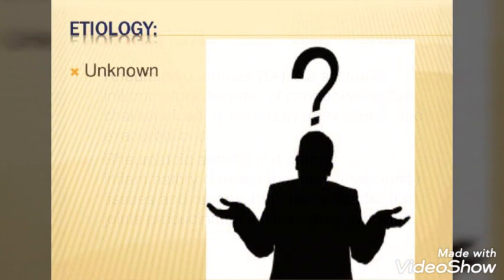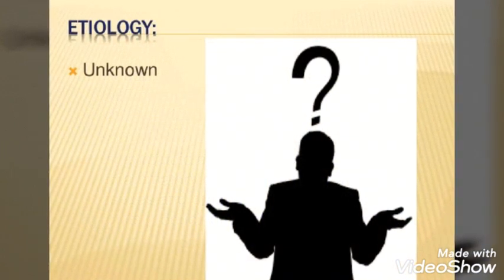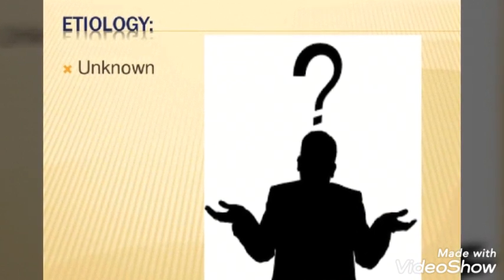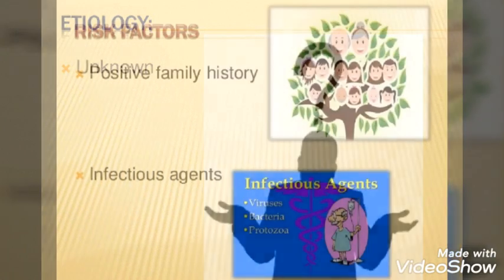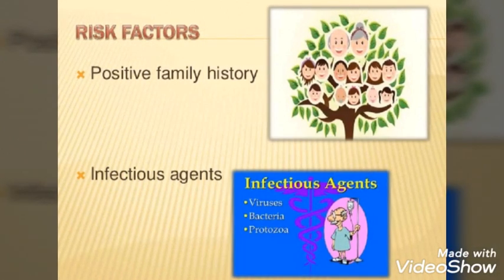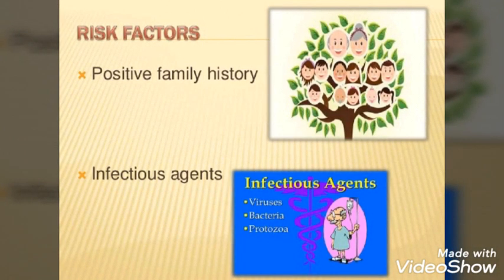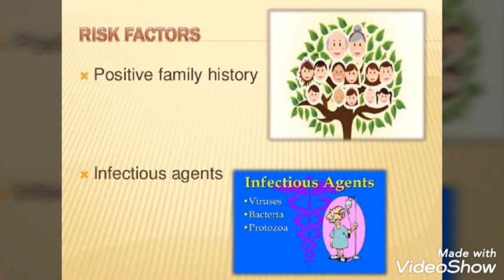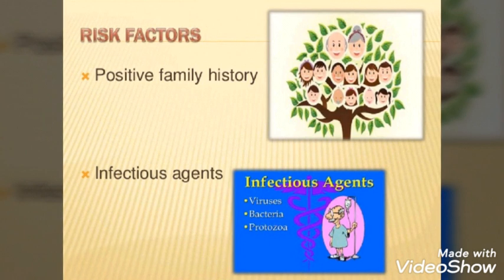Now let's see the etiology. The main etiology is unknown, that is the actual cause is unknown, that is why the body is attacking itself. So this is unknown. Now let's see the risk factors. The risk factors are positive family history, that is from the family members, that is genetic. Then infectious agents such as viruses, bacteria and protozoa.